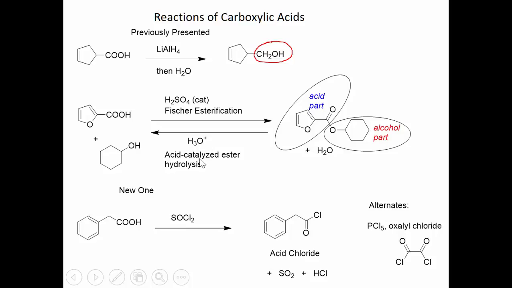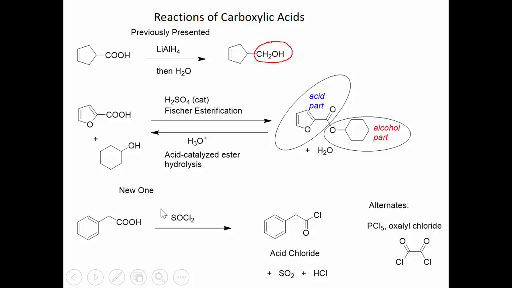This is called acid catalyzed ester hydrolysis. It's not a key reaction, but a reaction that we're going to present in the next chapter, and we're not going to present the mechanism. We're just going to tell you that it's the reverse of the Fischer esterification.